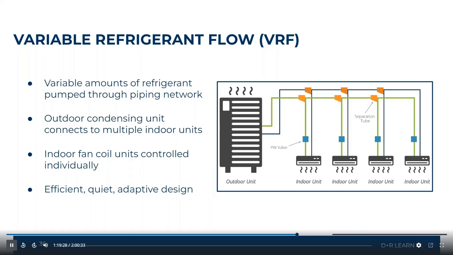And it was a very interesting system because these systems were able to provide heating and cooling utilizing one outdoor condensing unit. It's a system that has one outdoor condensing unit, which is piped and connected to multiple indoor units.